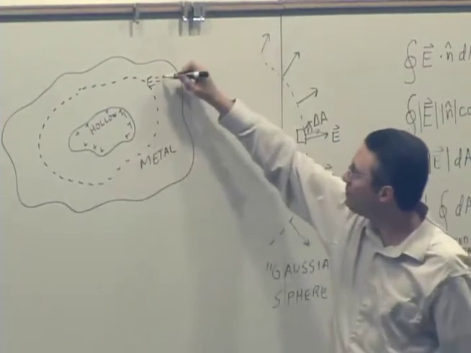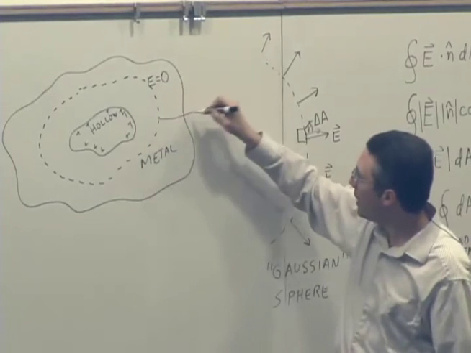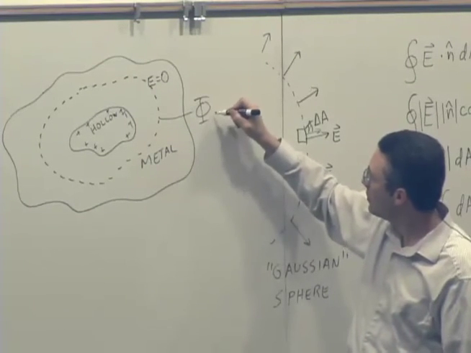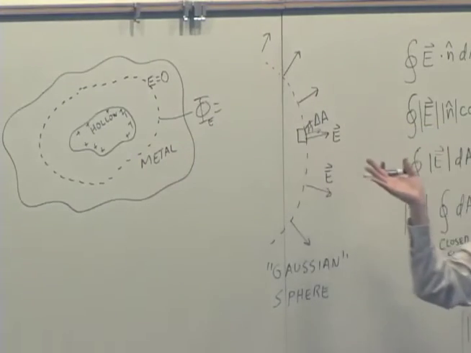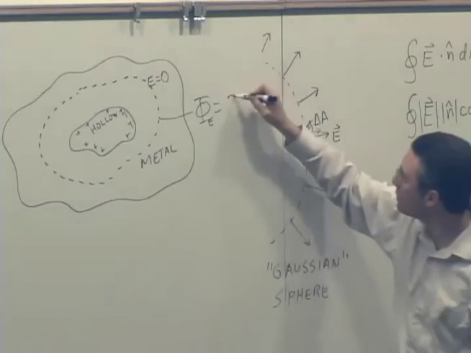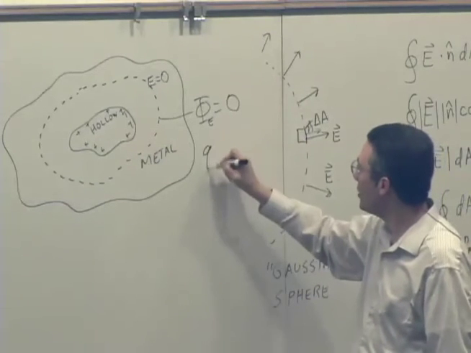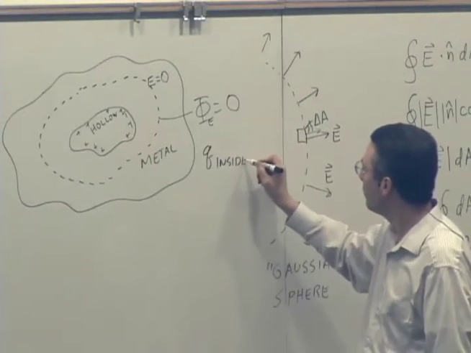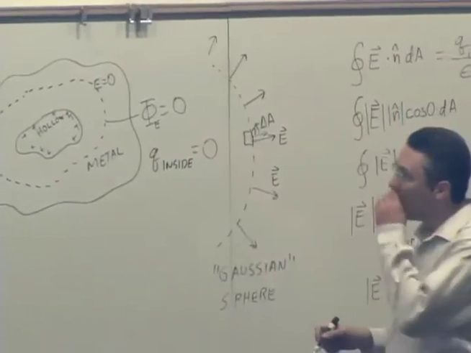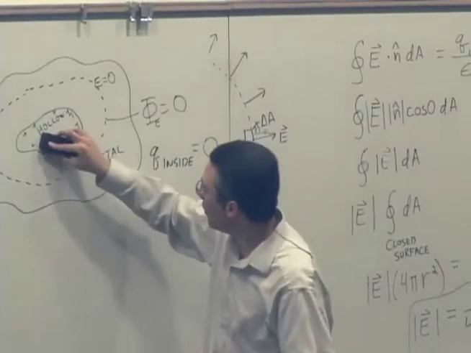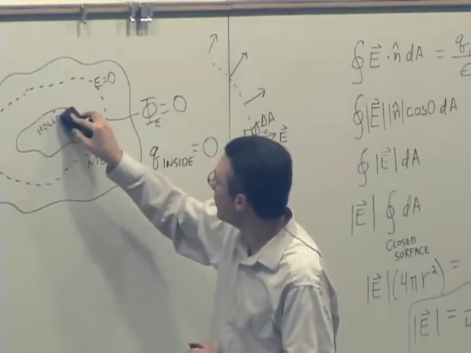It's got to be 0. So the electric flux, if the field is 0, has got to be 0 also everywhere. And so the charge inside has got to be equal to 0. So we can't have any net charge on that inner surface.